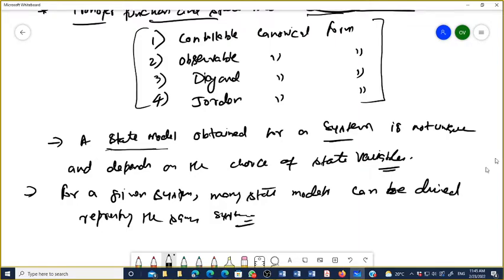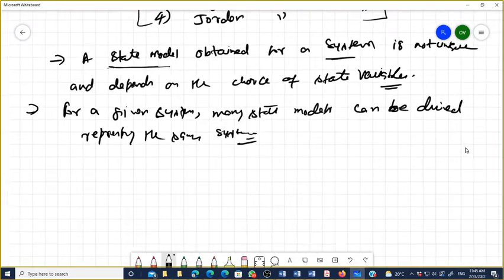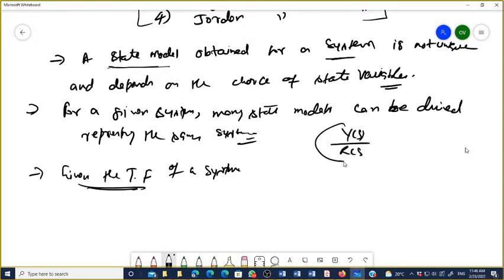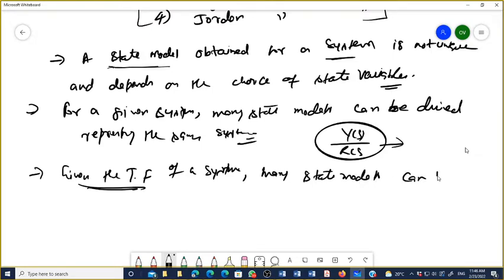Another thing: given the transfer function of a system, let's say Y(s)/R(s), it also has different types of representation. Many state models can be realized using different techniques.